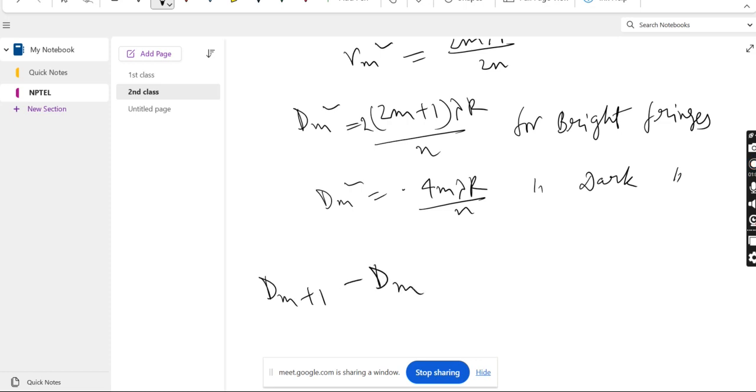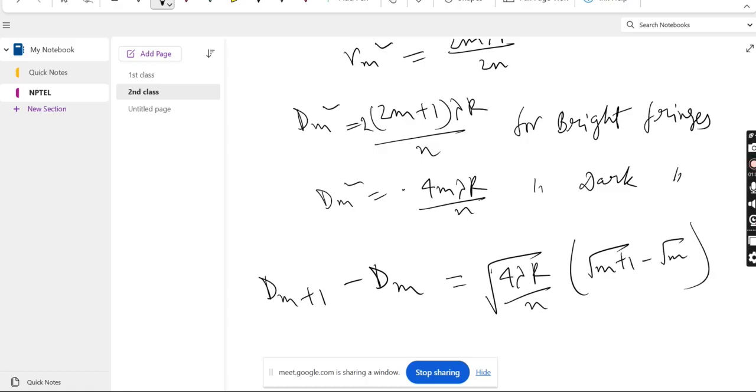So this is the difference in diameters of the mth and m+1th order dark fringes, to show you what's the difference and how it affects us when we want to get rid of this +1.